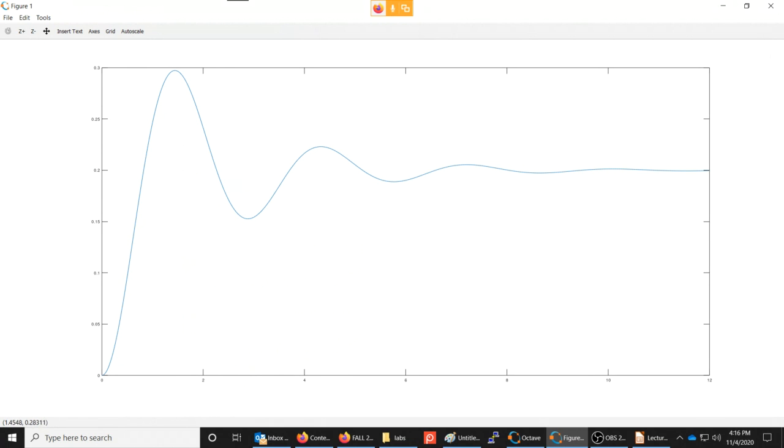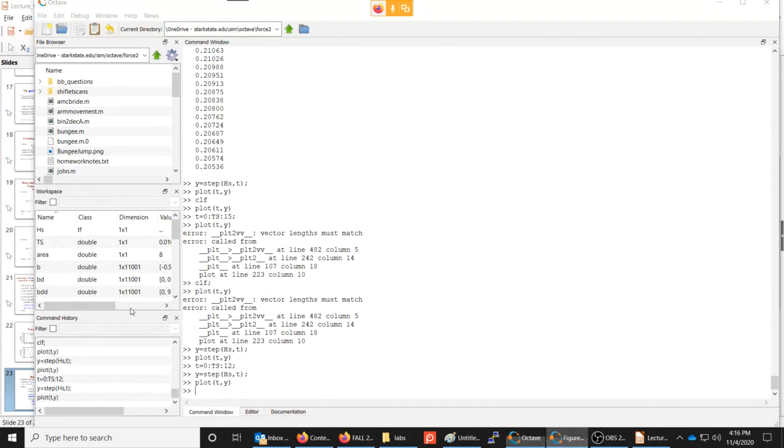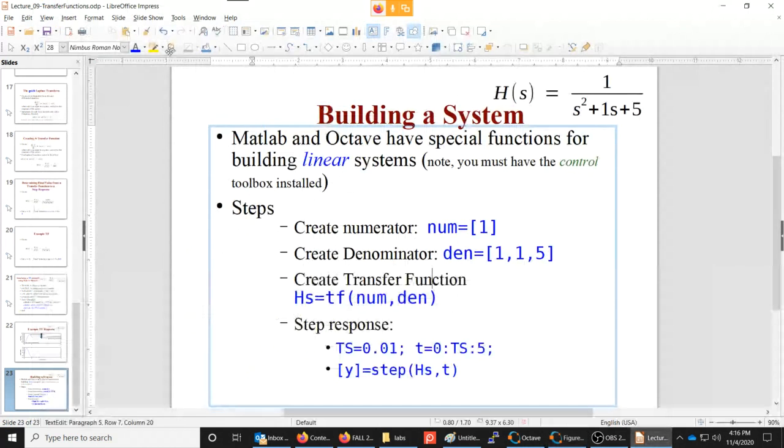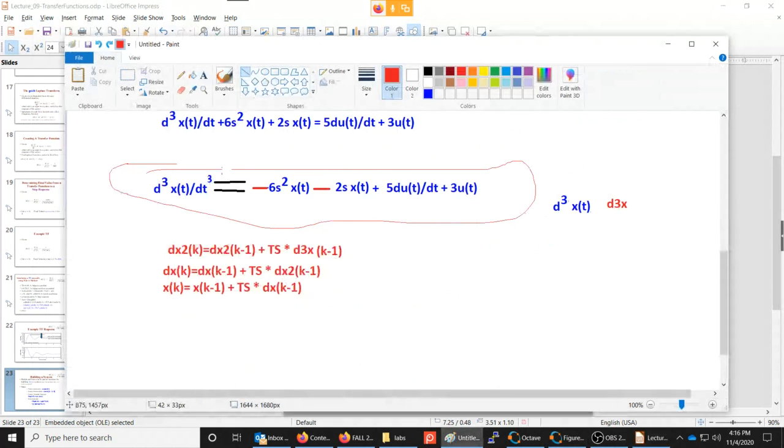All right, so again, this is basically like a bungee jump here. What you're looking at, when we look at this transfer function, this term here is your acceleration, right?